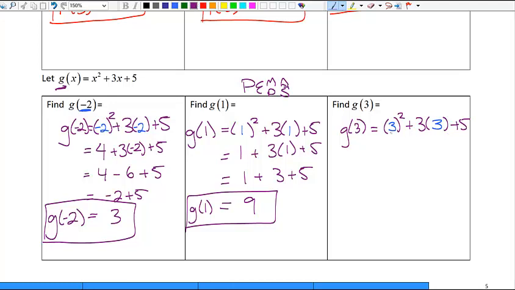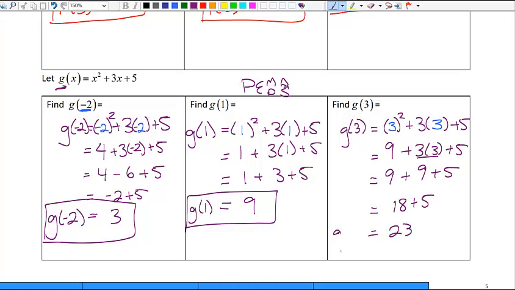So then I evaluate. 3 squared is 9, my exponents. Then I go left to right and do all of my multiplications or divisions. I have 3 times 3, which is 9. Then I go back left to right and do all my adds and subtracts. 9 plus 9 is 18, and 18 plus 5 is 23. Therefore, g of 3 is equal to 23.